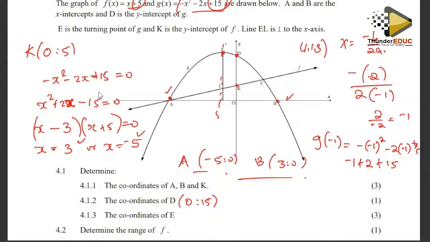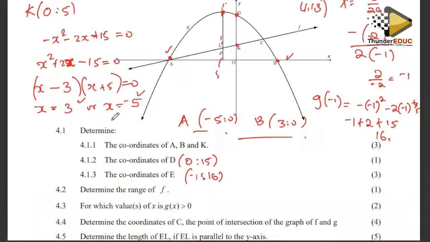Well, it makes sense though, because we have negative, and negative 1 squared, minus 2 times negative 1, and we are adding 15. So this is a 2, which makes 17. 17 minus 1 is 16. So D is going to be negative 1 and then 16.